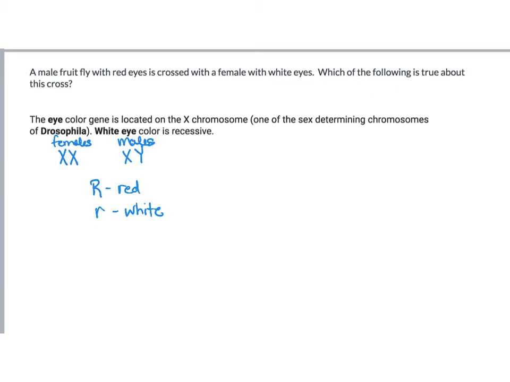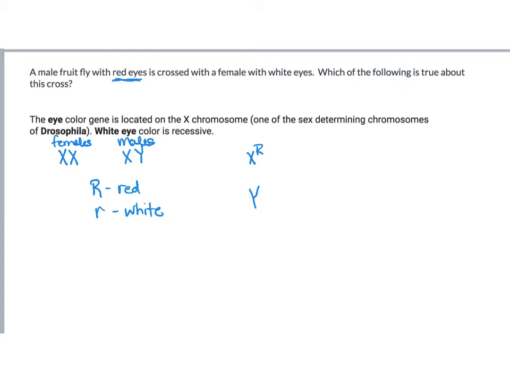So it says a male fruit fly with red eyes. So we have to use the XY on this. So if it has red eyes, it's X with a big R beside it. Okay? And then we have the Y with no allele on there because we don't have any genes for eye color on the Y chromosome.